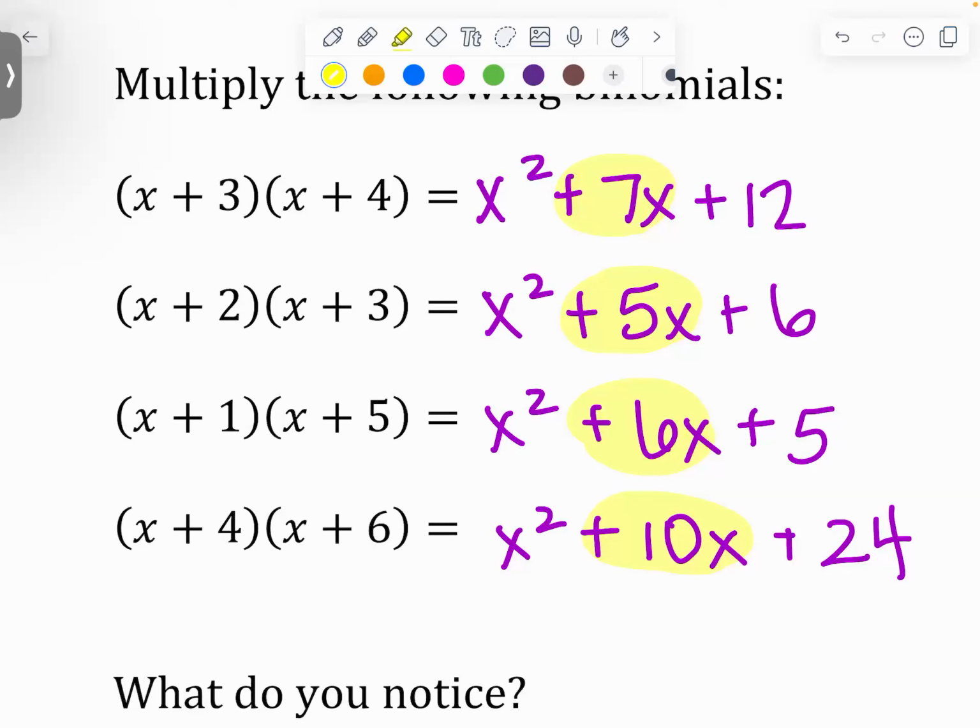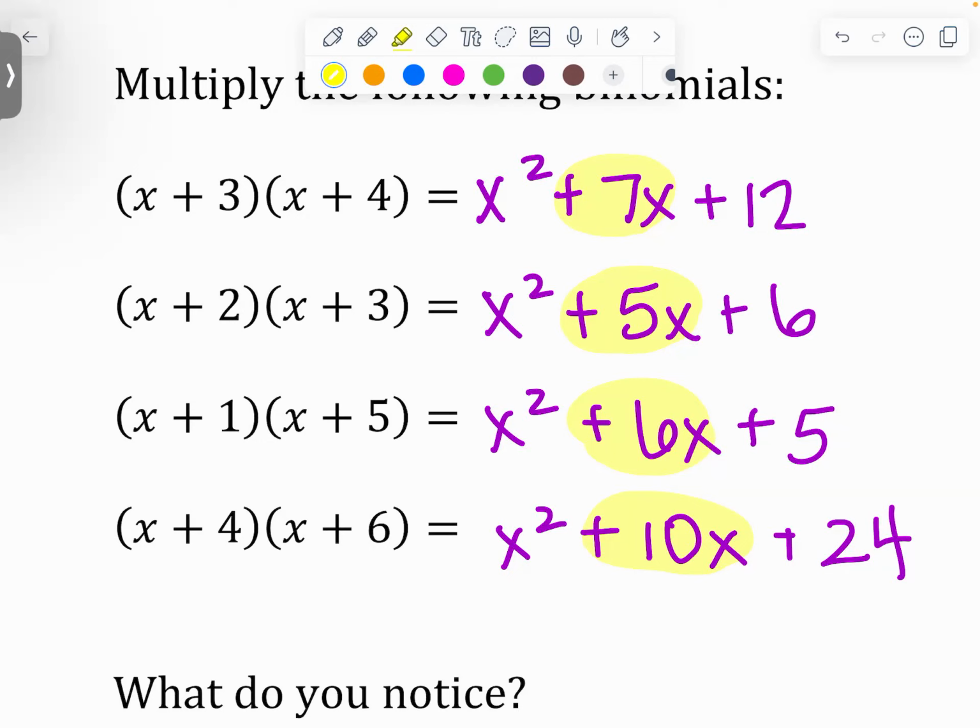Okay, so when we look at these first five, what are some things that you notice? Kari. When you add, you have to. Okay, so you're saying 3 plus 4 is 7, and then the 3 times 4 is 12.